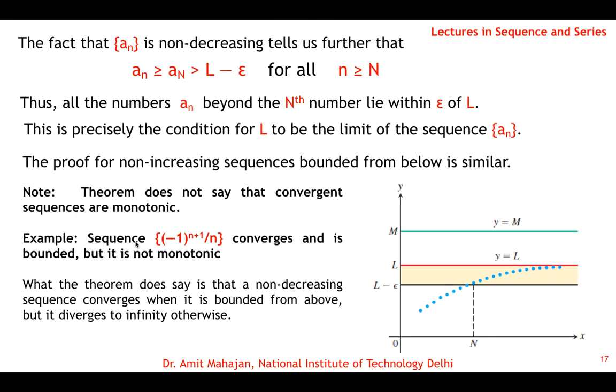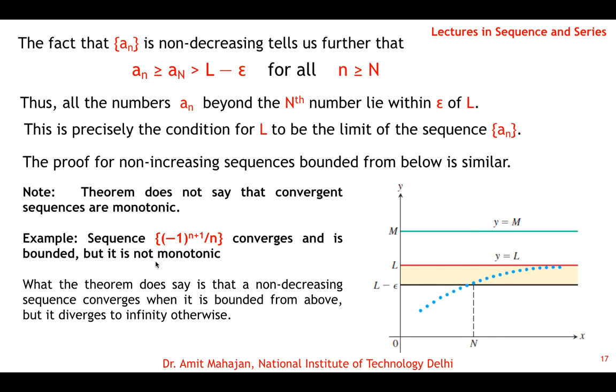For example, this sequence converges and is bounded, but it is not monotonic. You can try plotting these points and see why it is not monotonic, because there are some positive and negative points and ultimately it converges to 0, but they are bounded, you can check that.